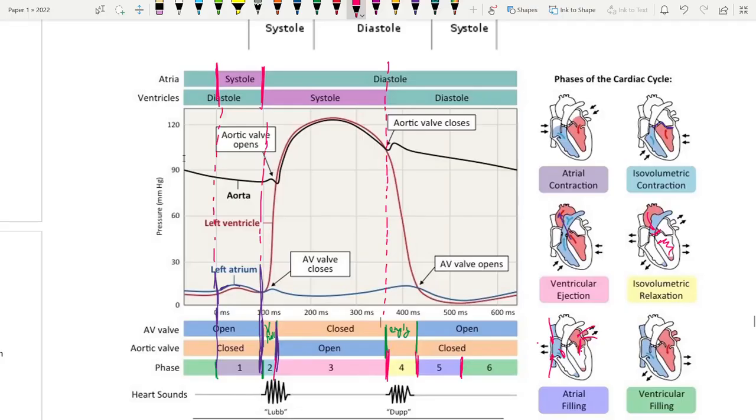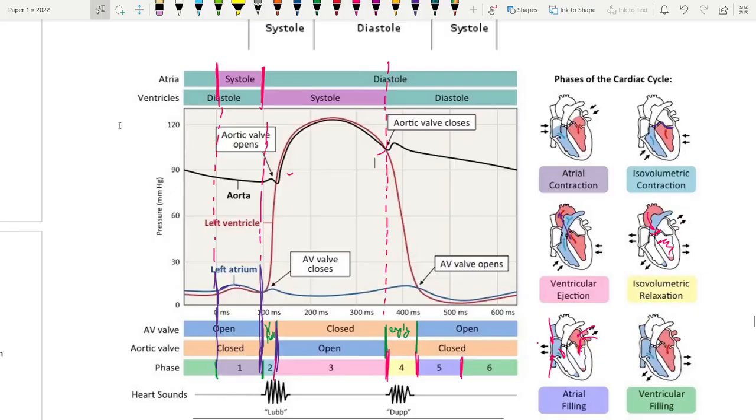So we can say it like this: ventricular systole will occur right after the atrioventricular valve closes and until the aortic valve closes again after opening. See, it opened and then closed again. That's the region of the ventricular systole.